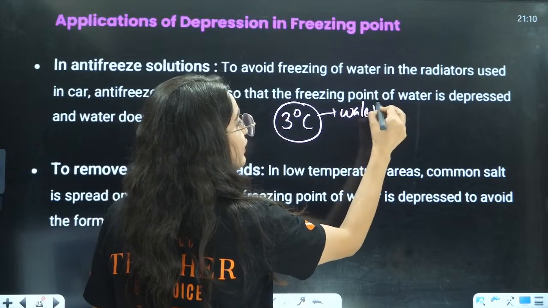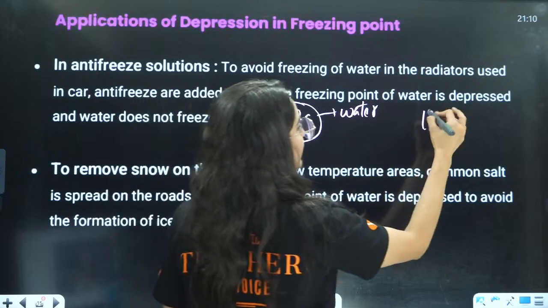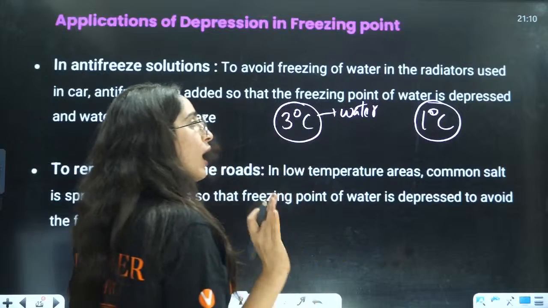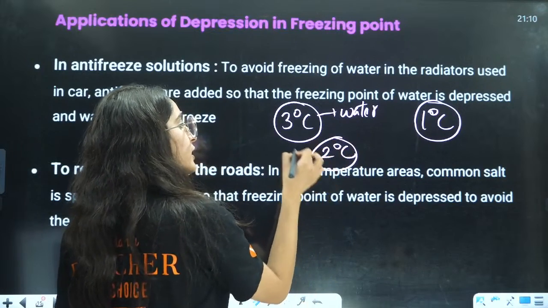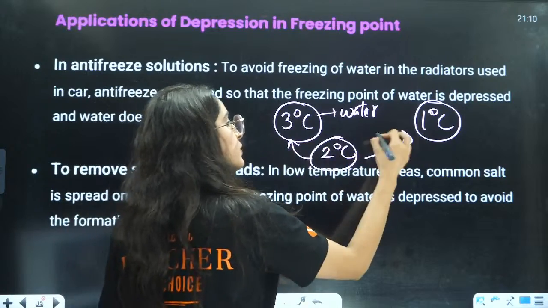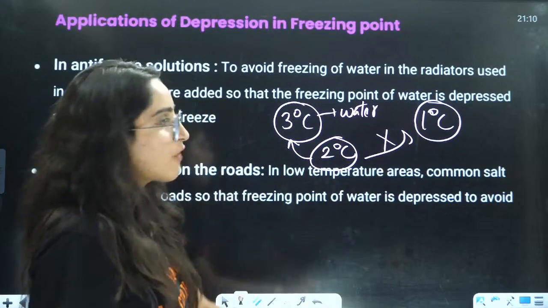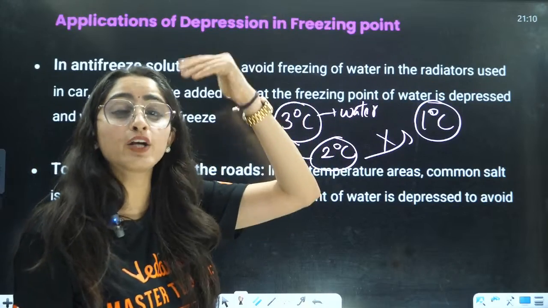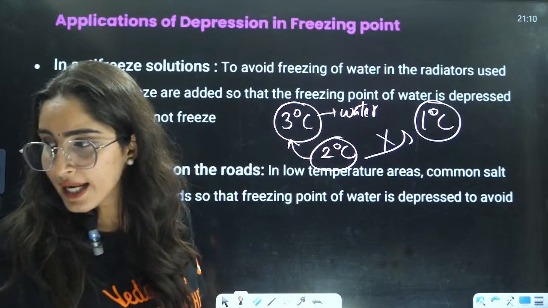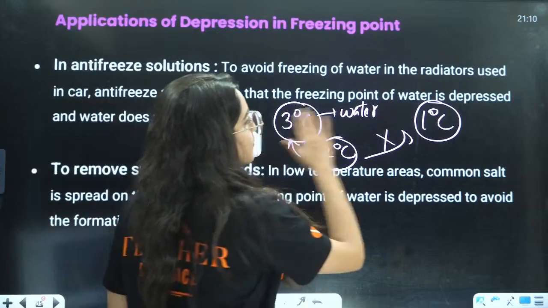You have decreased the freezing point to 1 degree Celsius. You have temperature at 2 degrees Celsius. So at 2 degrees, this will freeze, but this will not freeze. Because the freezing point is only 1 degree. So how come at 2 degrees it will start freezing? So that is the benefit.